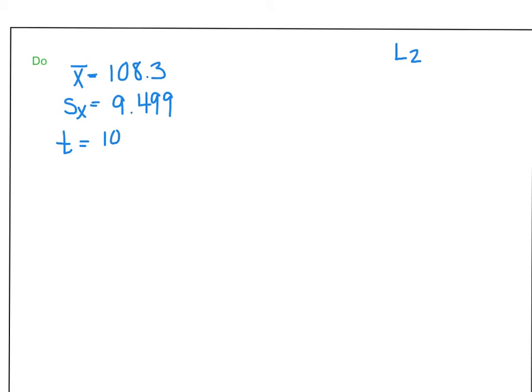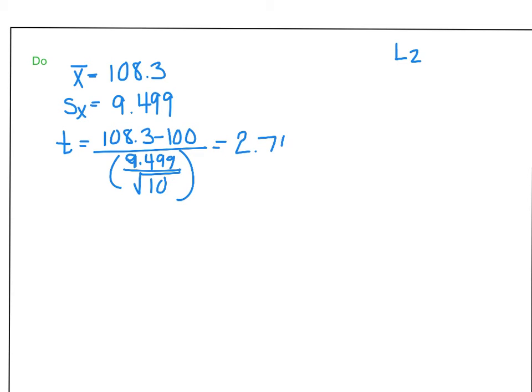So I do my sample mean minus mu divided by the standard error of the statistic, which is going to be 9.499 divided by the square root of 10. Take a second, type that in. 2.763 is what I get.